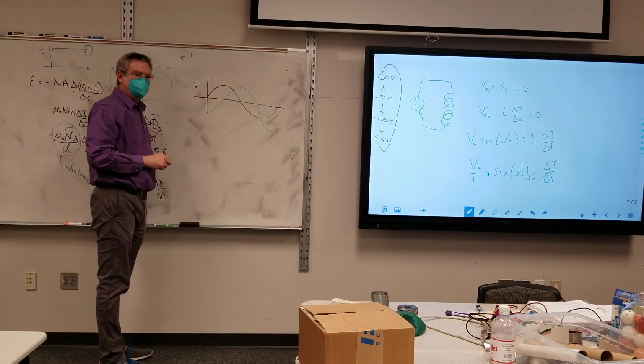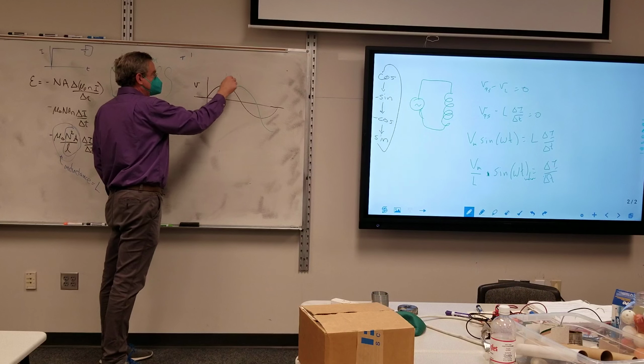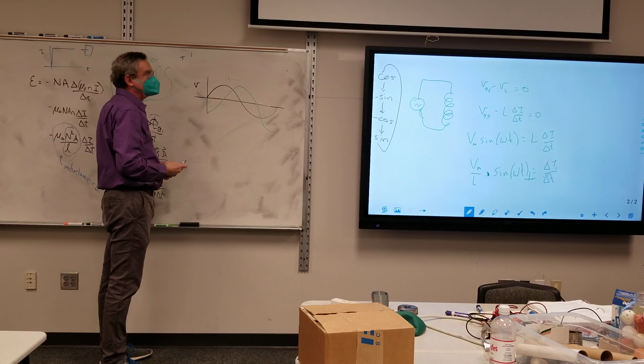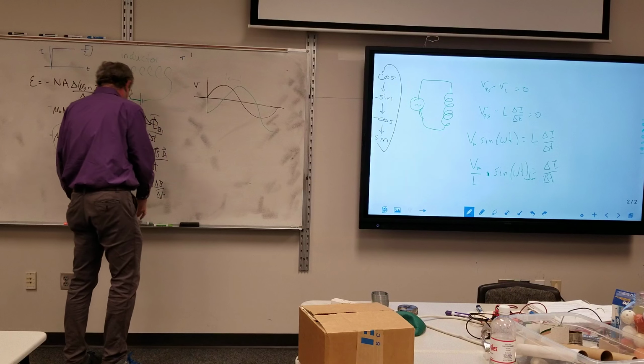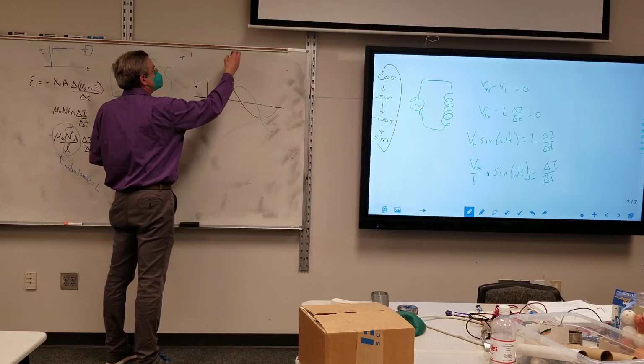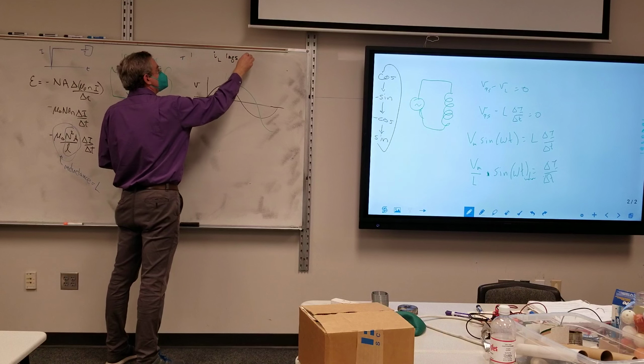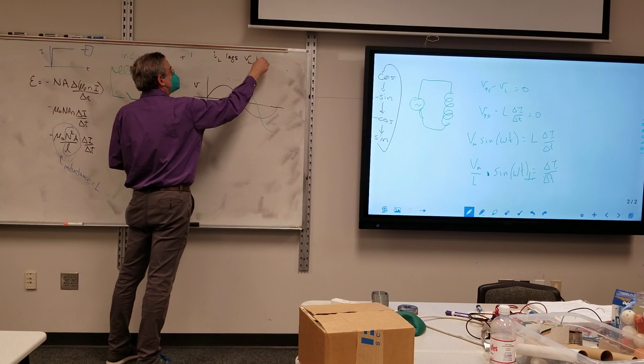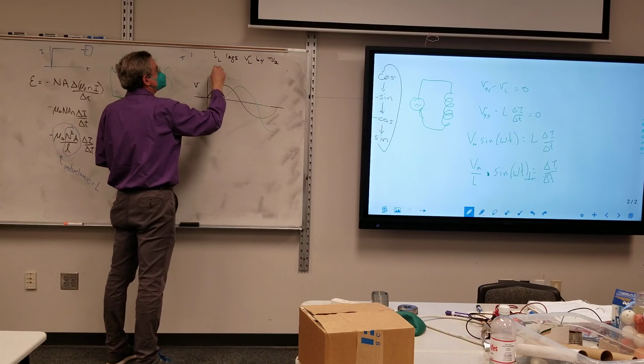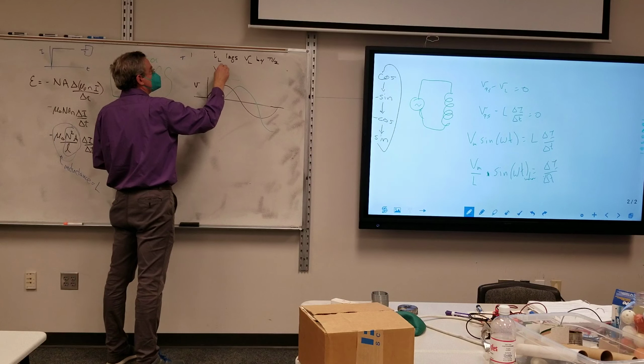Voltage is leading the current now by pi over 2. And so we have the final rule in terms of leading and lagging, that current across an inductor lags voltage across the inductor by pi over 2, or the voltage across the inductor leads current by pi over 2.